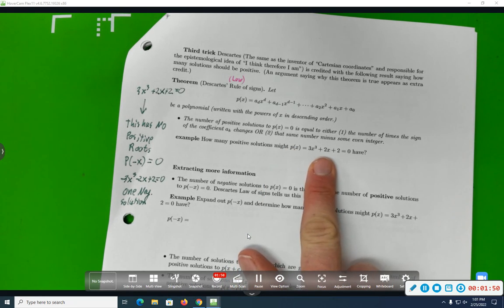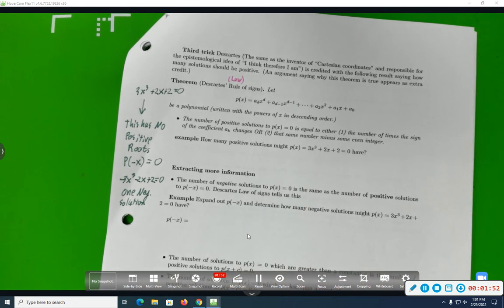So let's try to predict how many solutions this degree 3 polynomial has. That's the same one we did last time. That's okay. We can write it again. How many times do its coefficients change from positive to negative? None. It goes from 3, which is positive, to 2, which is positive, to 2, which is positive. So there are no sign changes.